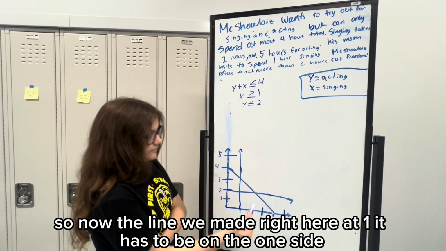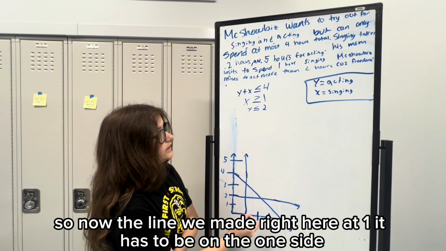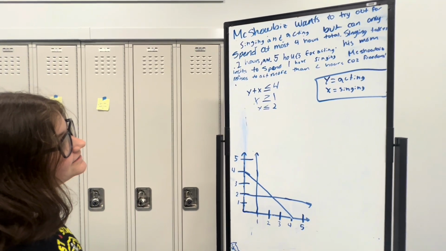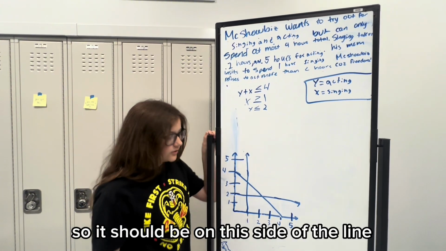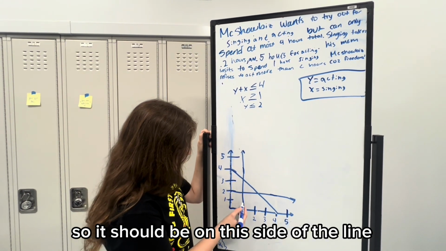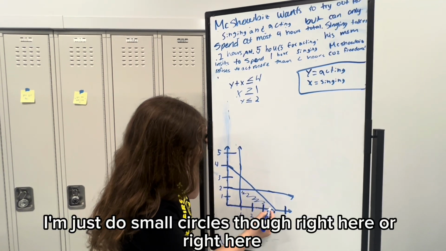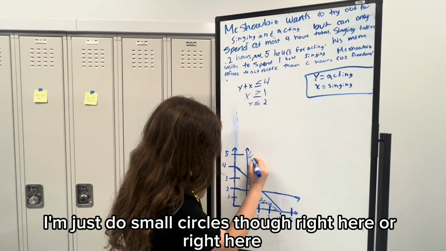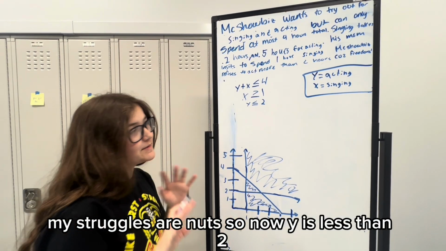So now the line we made right here at 1, it should be on this side of the line, which means it could either go right here or right here. I'll just do small scribbles though.